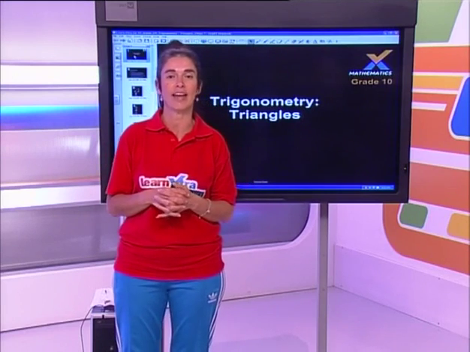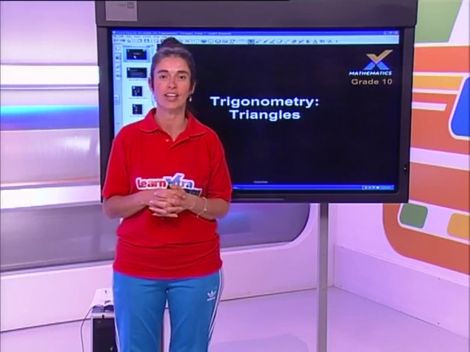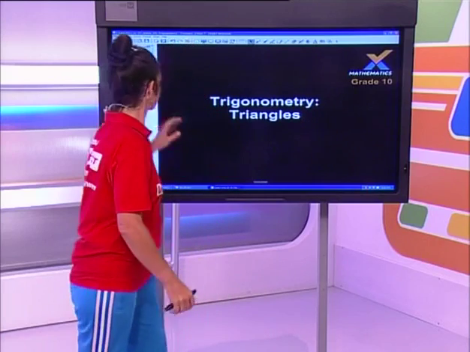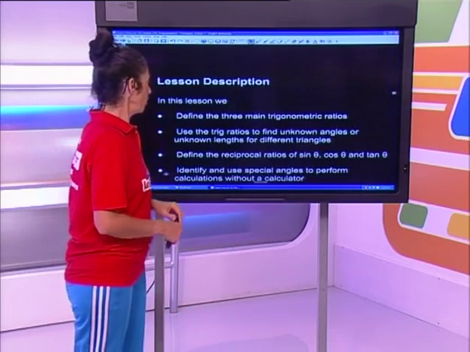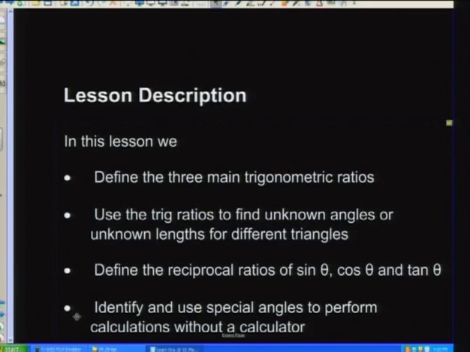Now let's have a look at what we're going to try and accomplish in the next hour together. Firstly, we're going to define what the three main trigonometric ratios are. In other words, what do these terms look like? What do they do? How do they function? How do they operate?